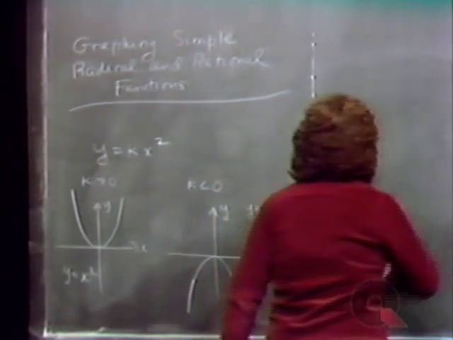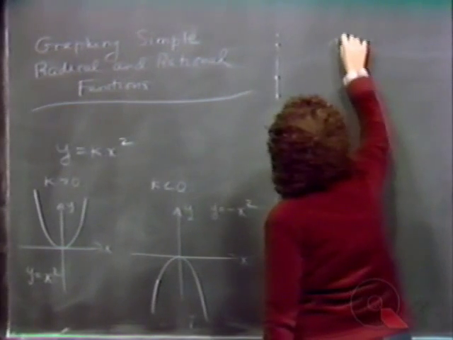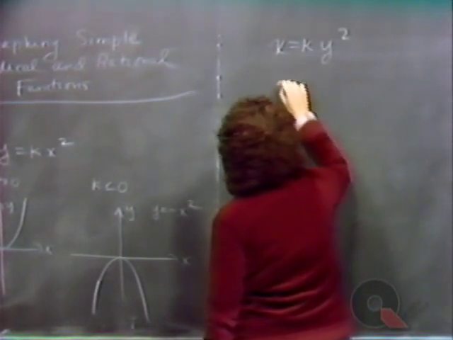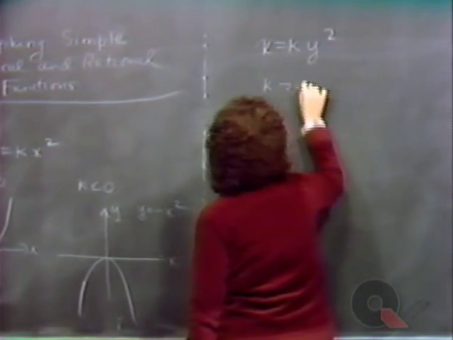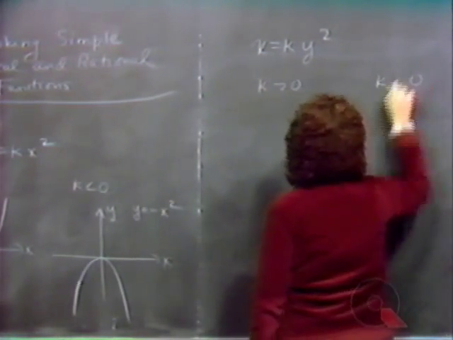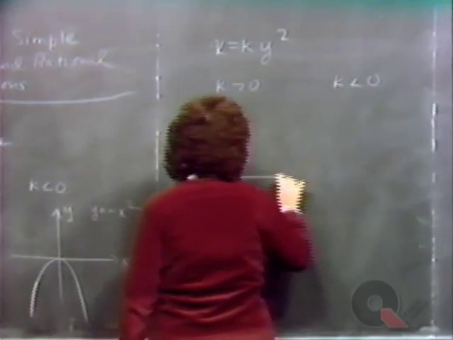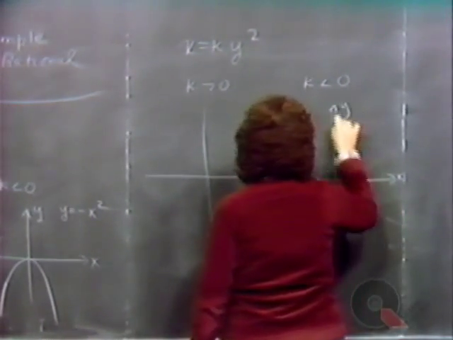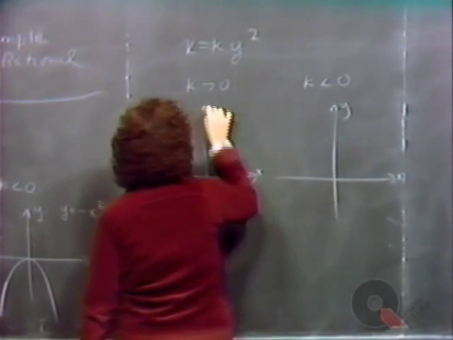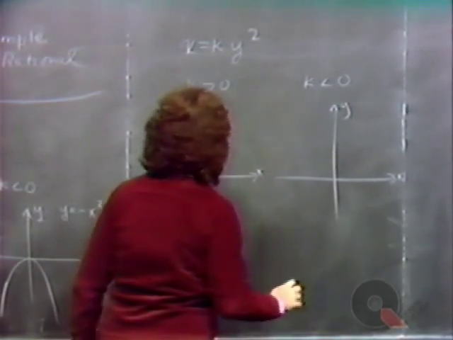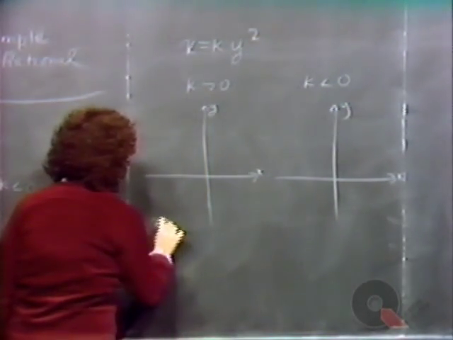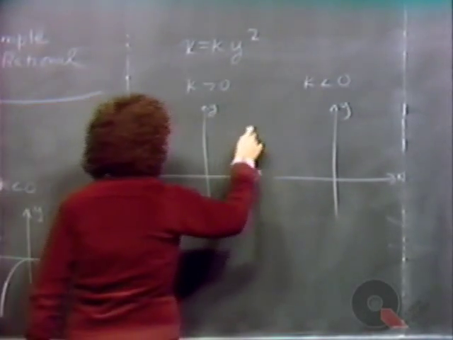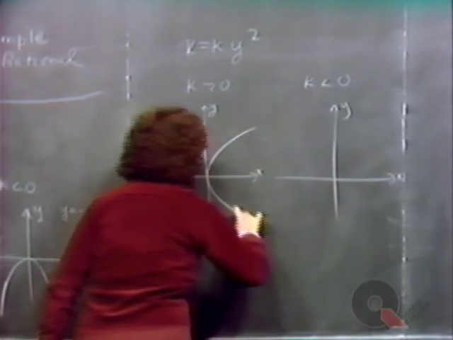Okay, now we can also have parabolas of the form x equals ky squared, where k is positive or negative. For example, a parabola like x equals y squared would have vertex at the origin and open to the right, like that.